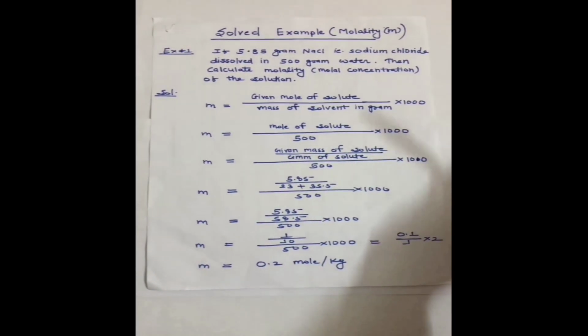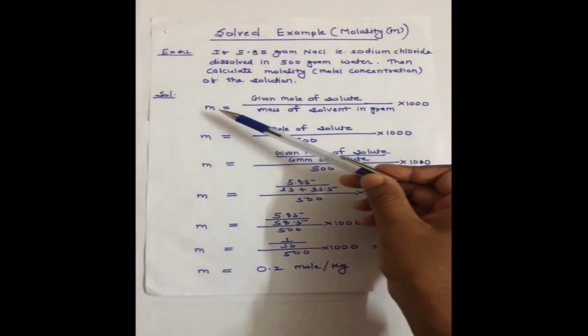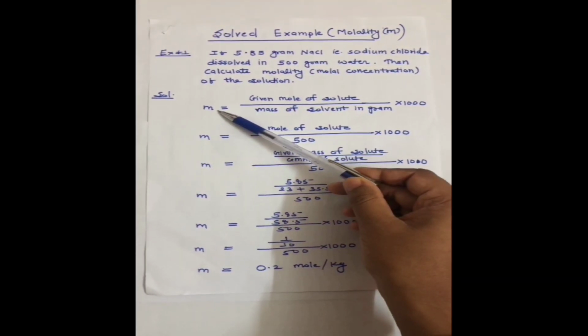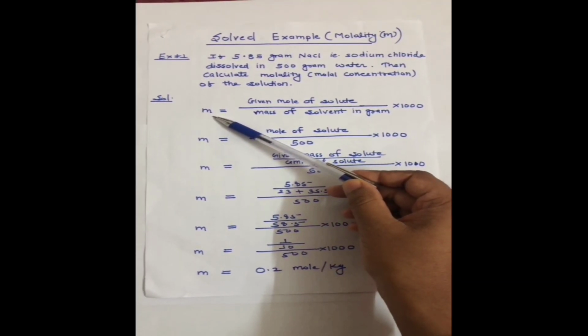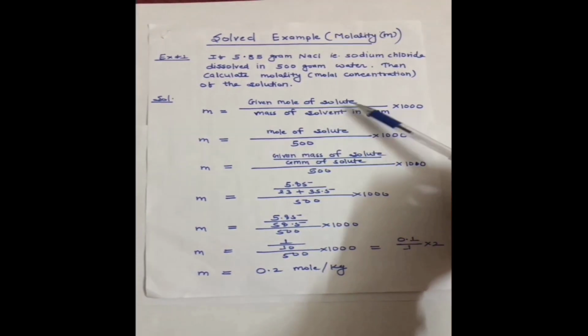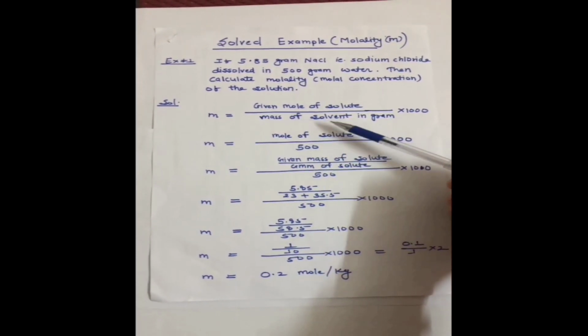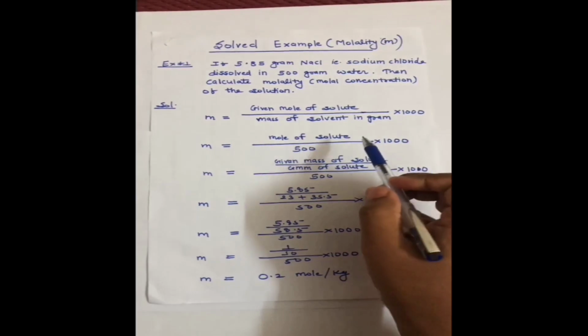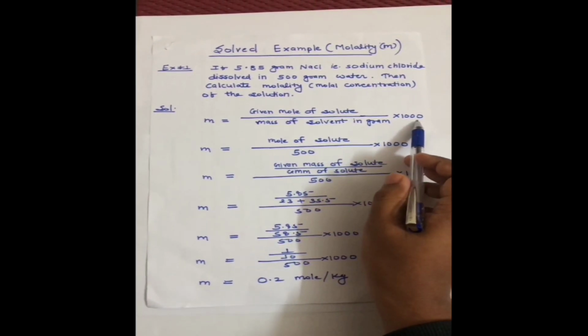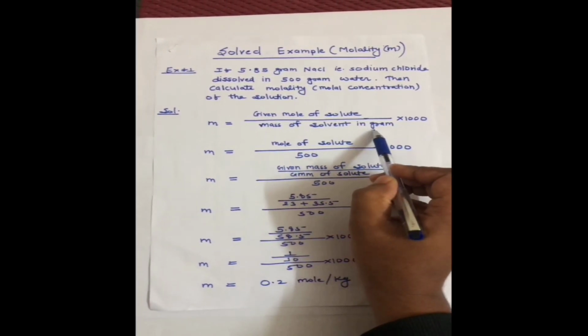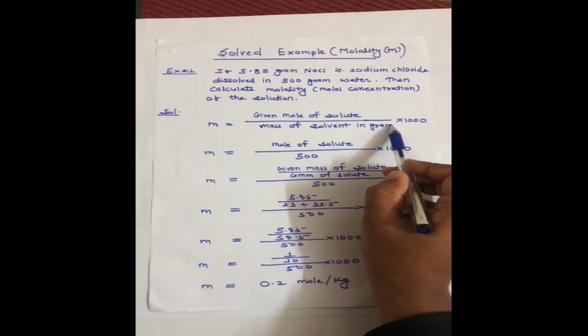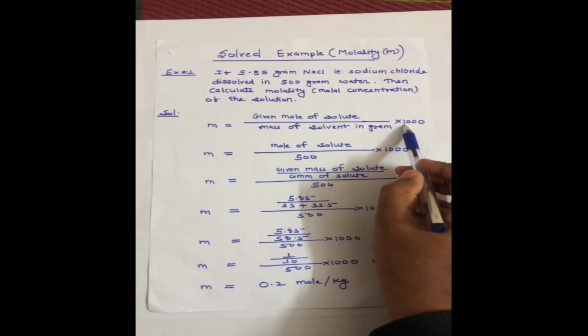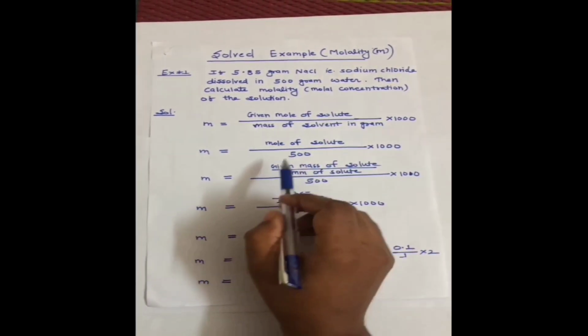So for solving the above question, we have a formula: small m, molality, equals given mole of solute divided by mass of solvent in gram, multiplied by 1000. Since it is in gram, we multiply by 1000.